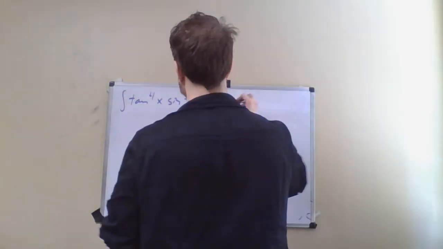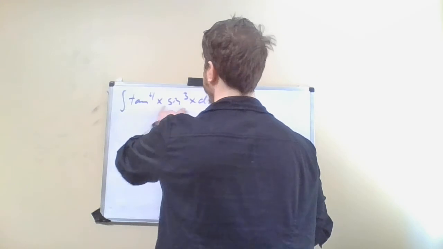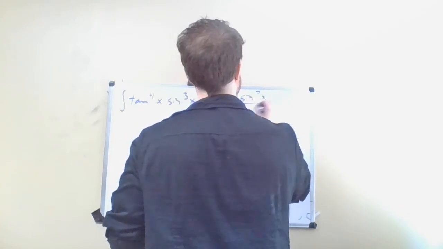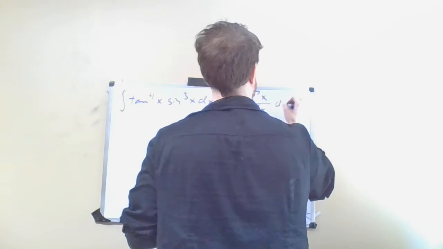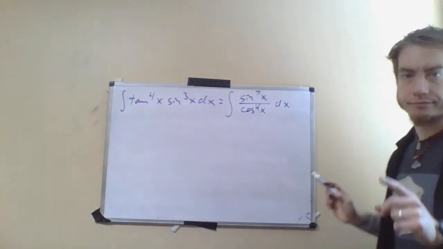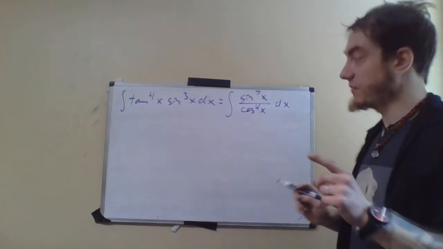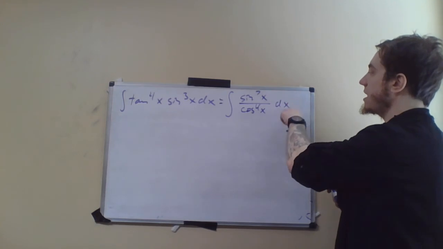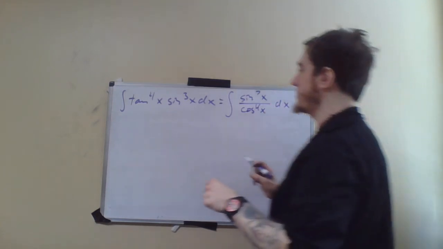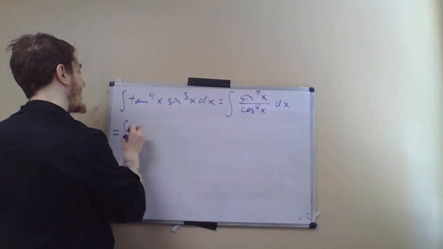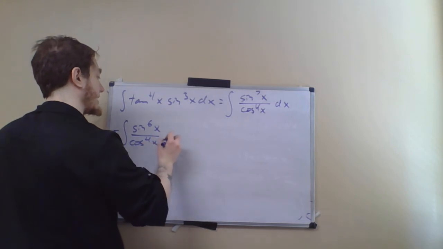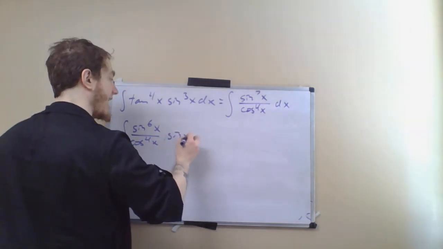Well, I'm going to rewrite this, first of all, because I've got this sine involved. I want to see what I can do in terms of sines and cosines. And I notice that this is actually the integral of sine to the seventh x divided by cosine to the fourth x dx. Now, this is suggestive because I have an odd power of sine. If I have an odd power of sine here, then I can peel off one of the sines and think of this as the integral of sine to the sixth x over cosine to the fourth x times sine x dx.